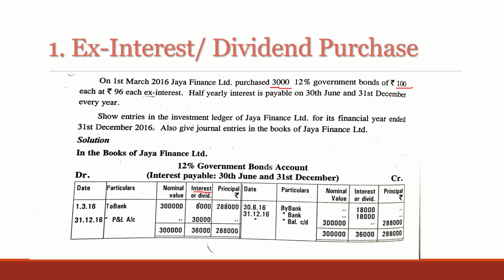Then we have to calculate the accrued interest. The purchase happened on 1st March 2016, and the half yearly interest is payable on 30th June and 31st December. From that it is clear that the financial year ends on 31st December 2016.